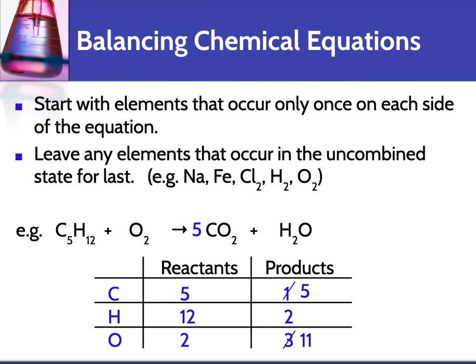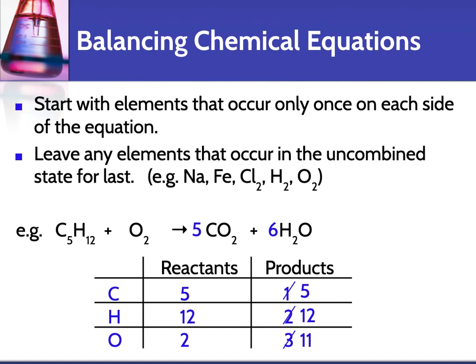Okay, so now we have hydrogen and oxygen left to balance, and we're going to leave oxygen till the end. So let's balance hydrogen. On the reactant side, we have 12. On the product side, we have 2. But we can get 12 on the product side if we put a 6 in front of water. So now we have 12 hydrogen. Now let's see how many oxygen we have.